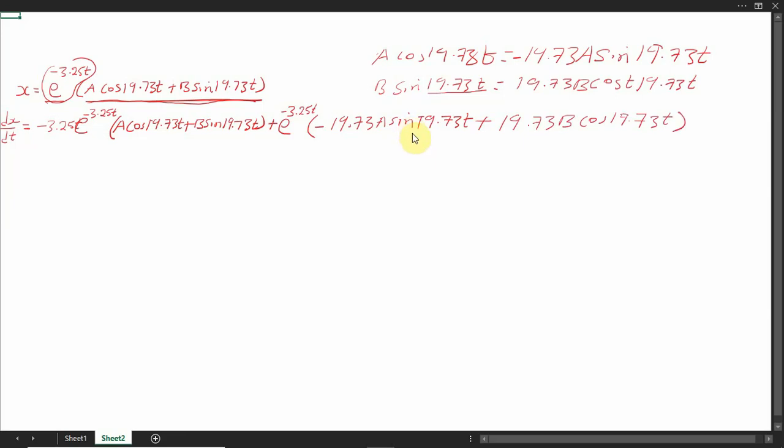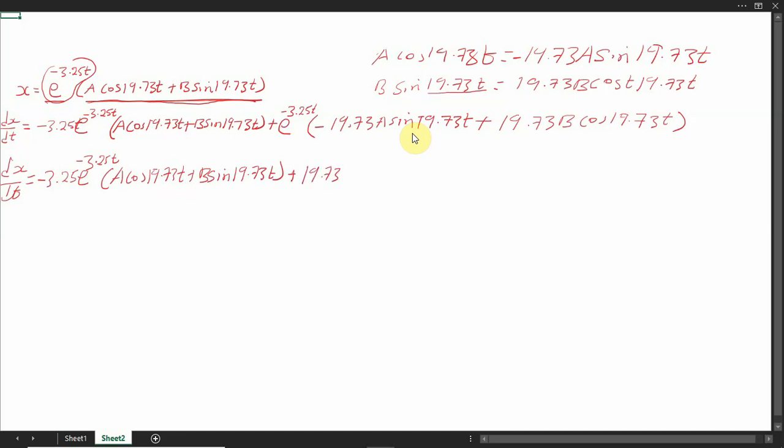Right, so let's further simplify this. You get dx/dt being equal to negative 3.25 e raised to negative 3.25t in the bracket of a cos 19.73t plus b sine 19.73t. Then here we can factor the 19.73, which is common in the bracket.